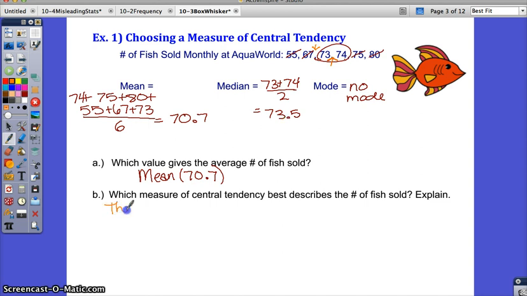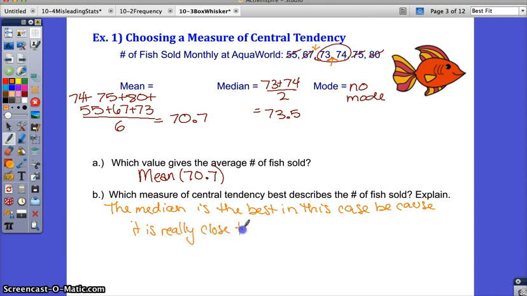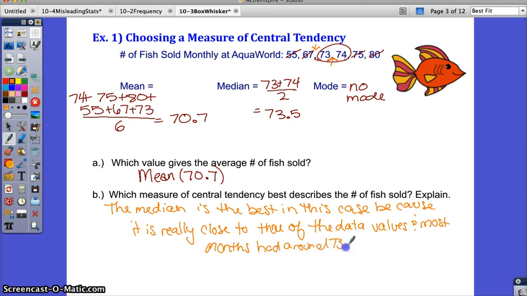So in this case, I might say the median is the best, because it is really close to 3 of the data values, and most months had around 73.5 fish sold.